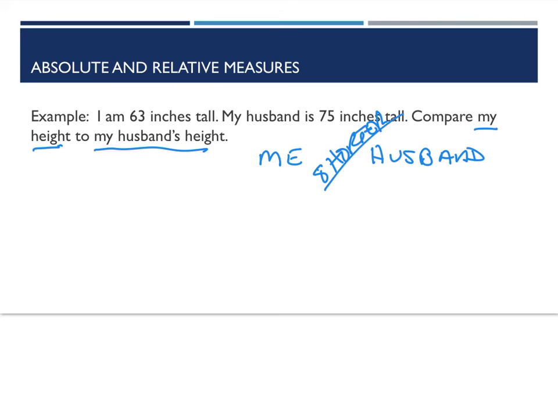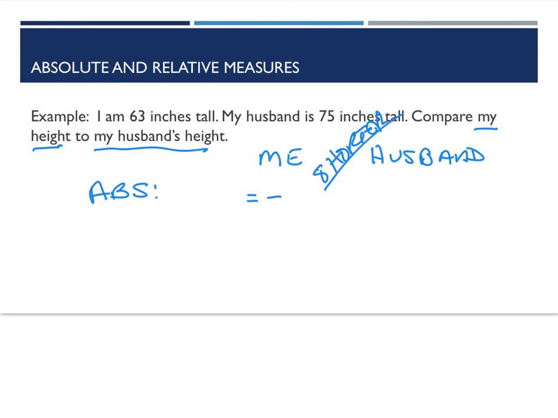Do you think shorter implies a positive or a negative answer? Well, if you phrase it as height, my height is less than my husband's, so that should tell you right there. My absolute difference needs to be negative because I'm the smaller one.